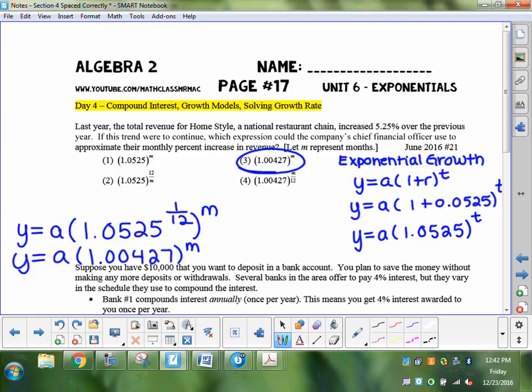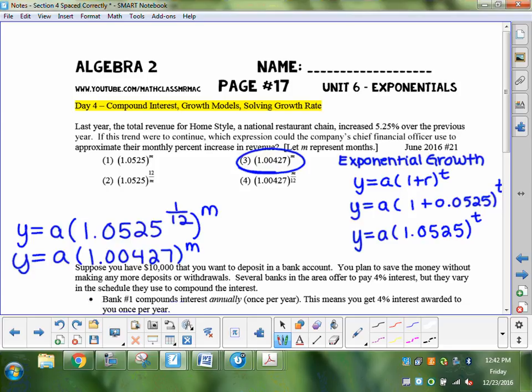Now here's the other end of it. What is the monthly growth rate as a percent? It's bigger than 1, so it's definitely growth. What would the monthly growth rate be as a percent? One person? As enriched students, this should not be difficult at all. Not in the least.